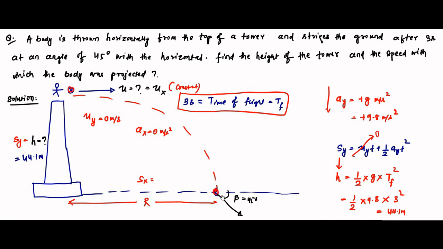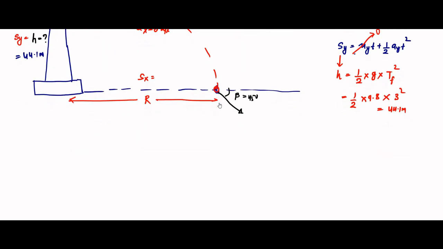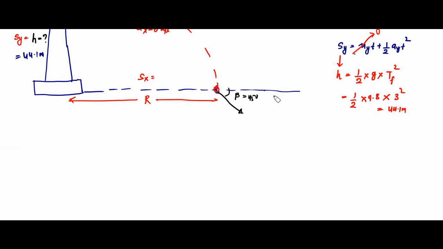Next, it has been asked to calculate the speed with which the projectile strikes the ground. So here this angle information comes into play. We know that when a projectile undergoes this kind of motion, the horizontal velocity is always constant. Vx is equal to ux, that is always constant, and it is also asked here to find this parameter.